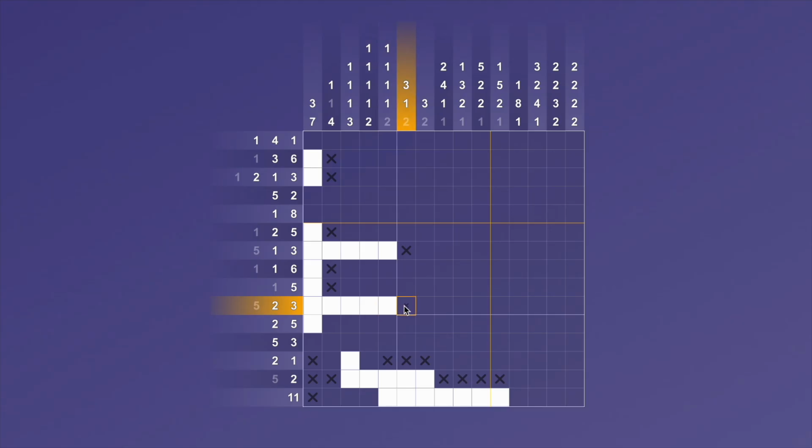Then I have X. This row starts with a 2, so I have 1, 2, and then X.